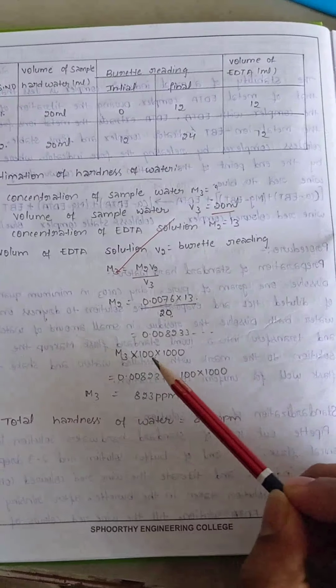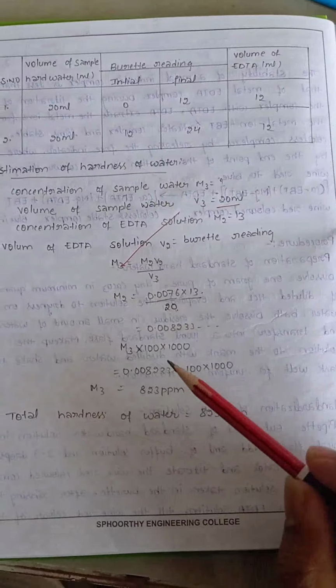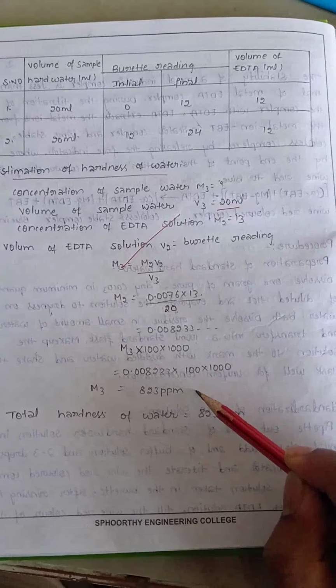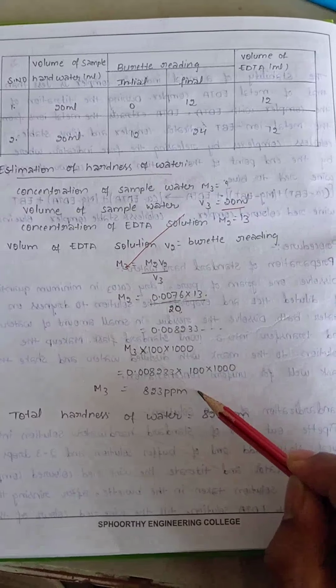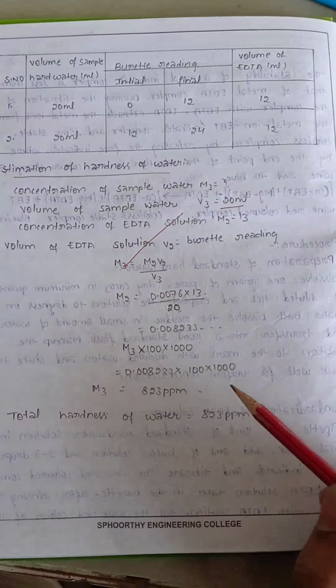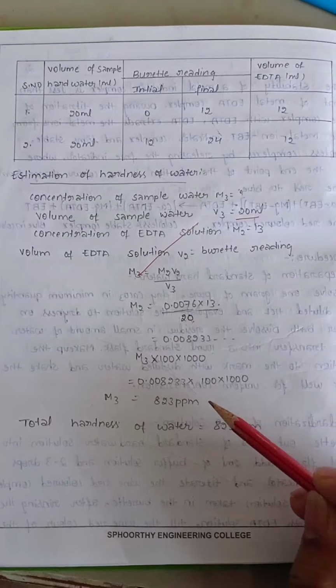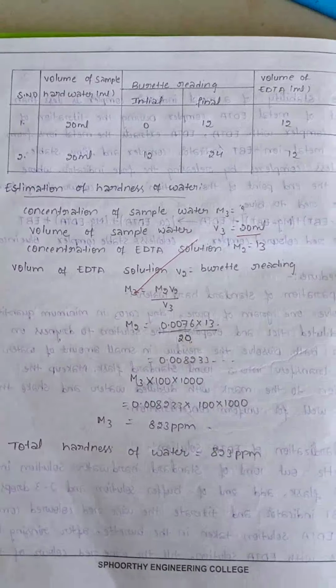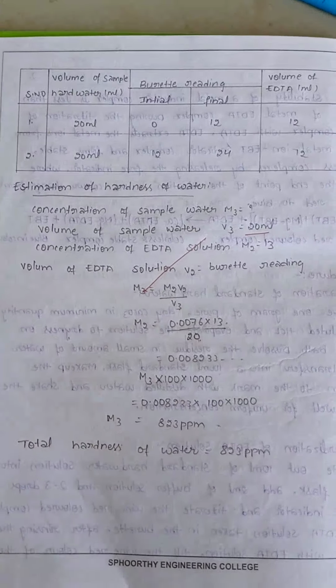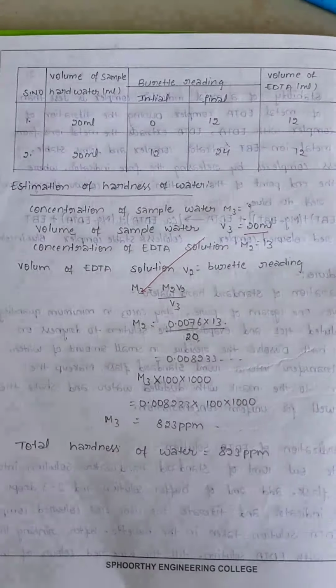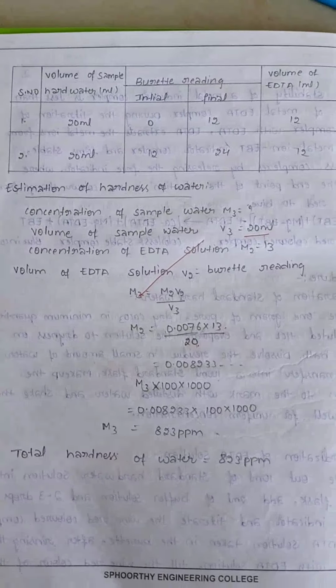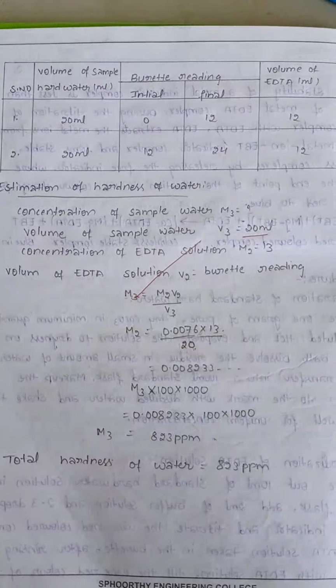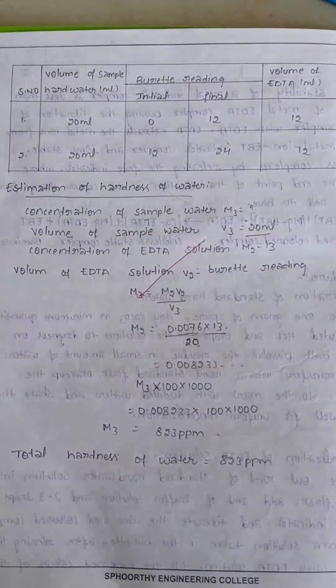If you multiply M3 by 100 into 1000, you will get the hardness of water in terms of ppm. So the hardness of the sample water estimated is 823 ppm in the laboratory. Like that you can do the calculation and estimate the hardness of a given water sample. Any water sample you take, you can estimate its hardness in the lab by using the EDTA method.